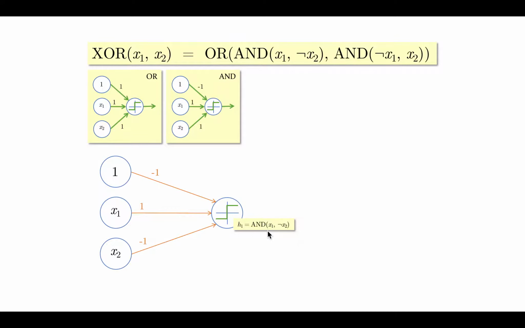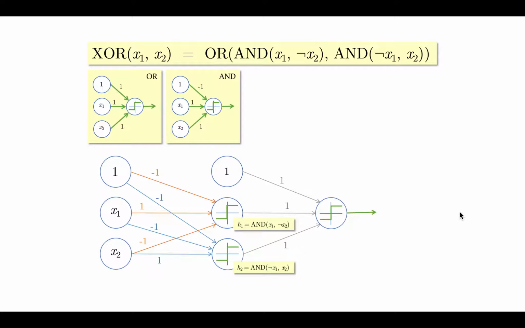So this is really AND of x1 and not x2. And now I'm going to do another AND where I put the minus 1 here on the second link. So this is an AND of not x1 and x2. Now what do I need to do? I need to OR them together. So I'm going to put another node here, with a 1 because the OR machine needed a 1 here, and then I'm just going to put 1 1 1 weights on this.